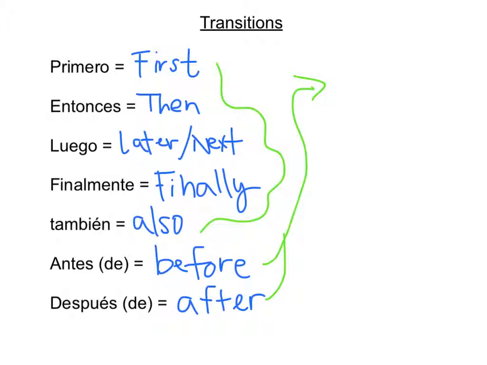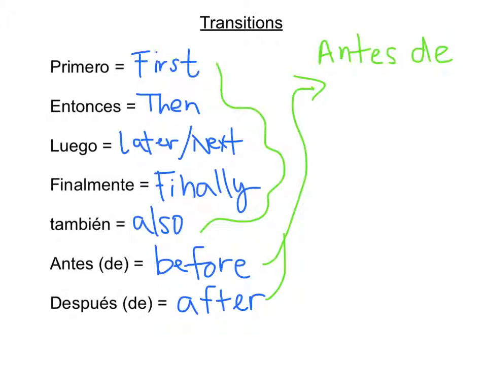Antes means before. So you could say like, oh, yeah, I go to the store. Oh, before I go to the store, I do this. You often use antes with de. So if you wanted to say that you go to the store, but before that, you eat dinner.